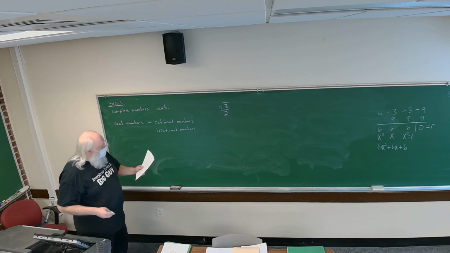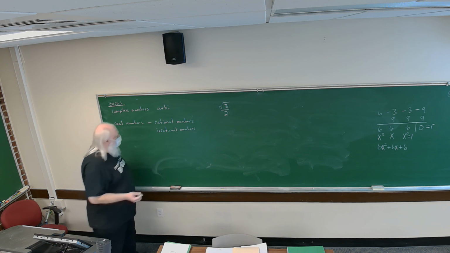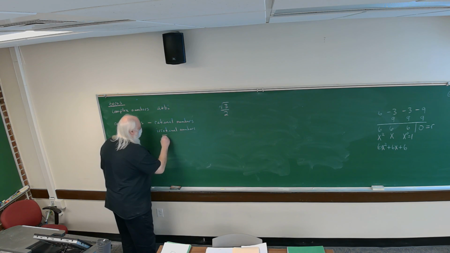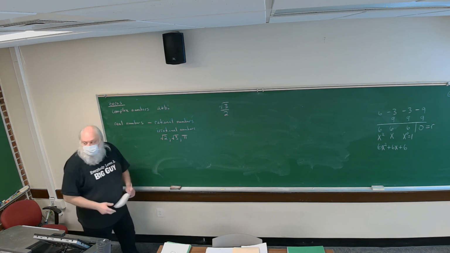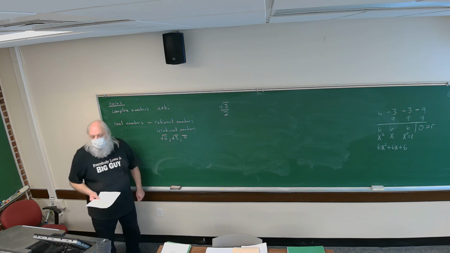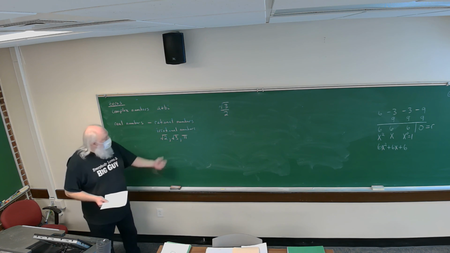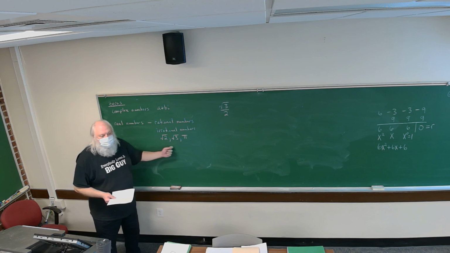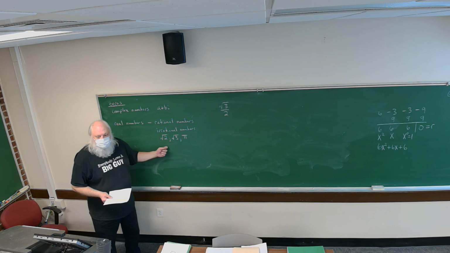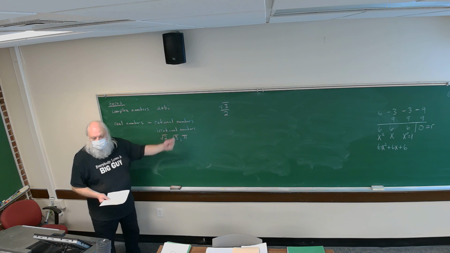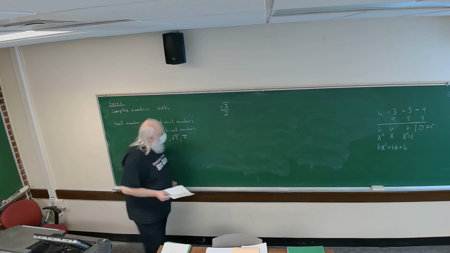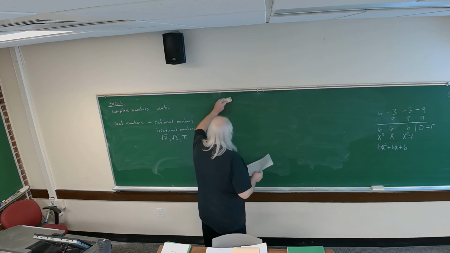Examples of irrational numbers are square root of 2 and square root of 3. These numbers cannot be written as a fraction. When you write them in decimal form, there's no repeating pattern in the decimal. With rational numbers, there can be a repeating pattern.